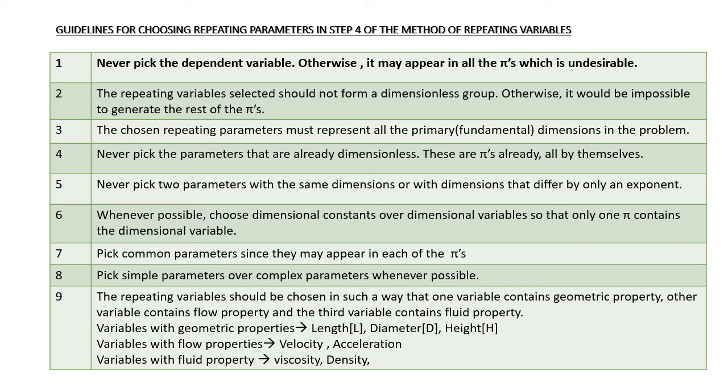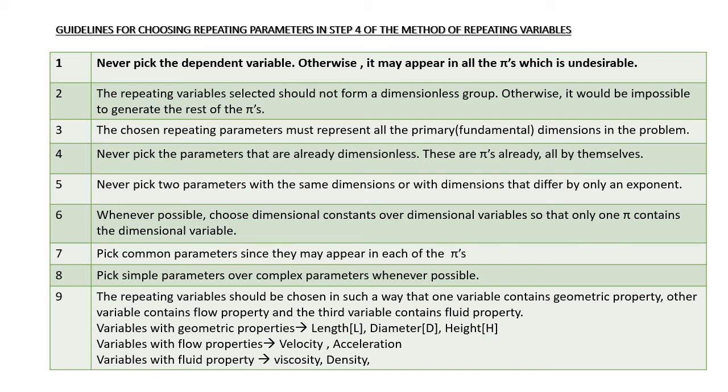Next, the repeating variables should be chosen in such a way that one variable contains a geometric property, another contains a flow property, and the third contains a fluid property.